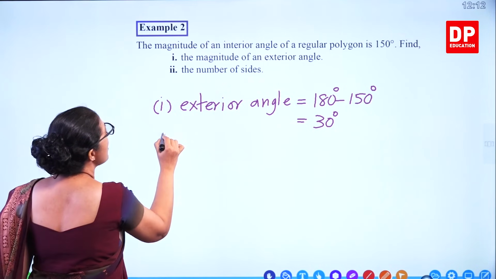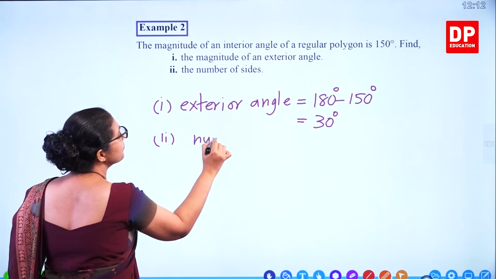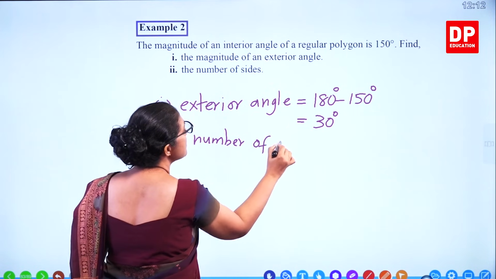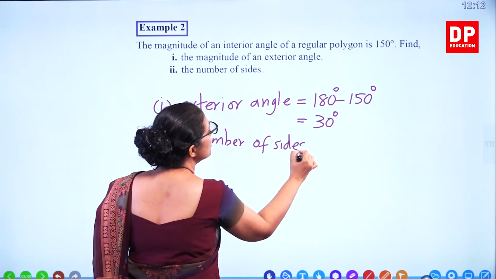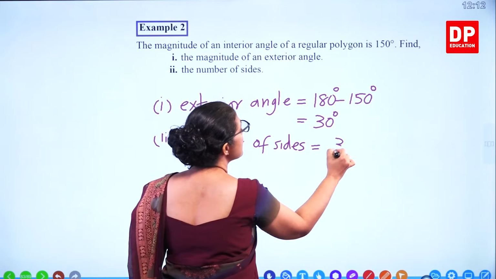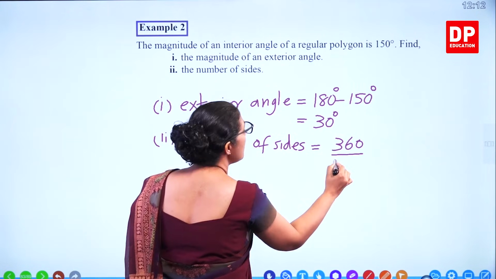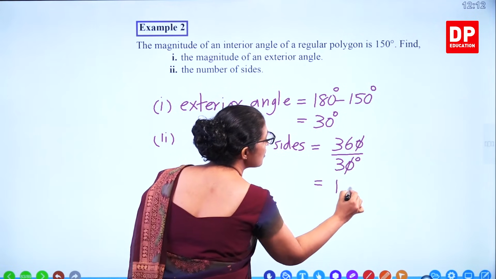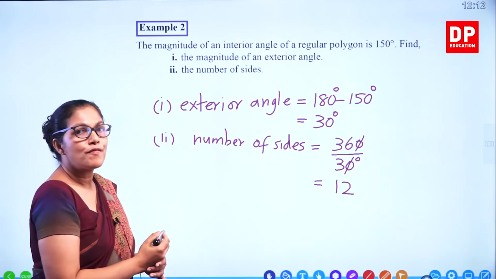So how do you find the number of sides now? This is a regular polygon. Number of sides is equal to 360 divided by one exterior angle. You get 12 is the number of sides.